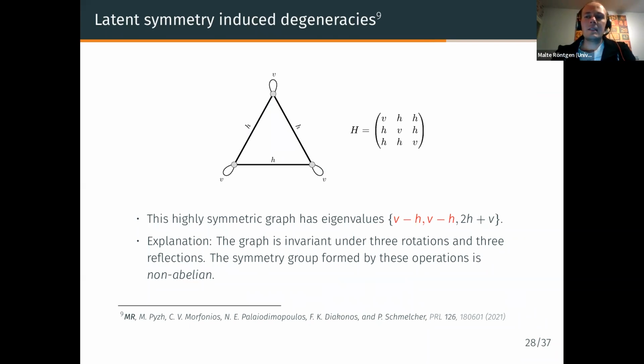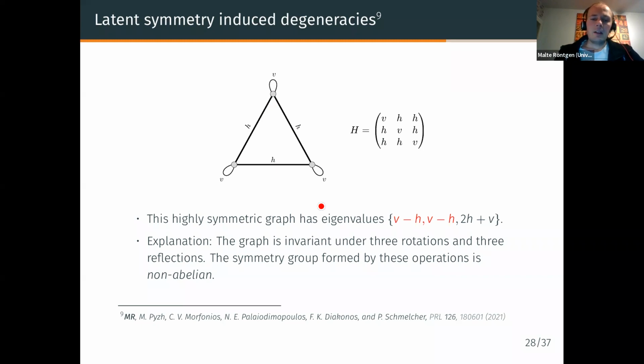Let's discuss some consequences of this. And in order to do this, let's look at this very simplistic, and you see I like toy models, three-site tight binding model. It's described by this Hamiltonian, and as you can see, it's highly symmetric. It is invariant under rotations and also reflections.